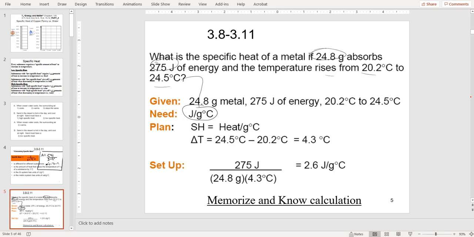So in this case, we have joules, and that's going to be plugged into the joules unit. And then we have grams. Grams is going to be plugged into the grams unit. And then we have temperature change. Now here's the hard part. You're going to have to do temperature final minus temperature initial.